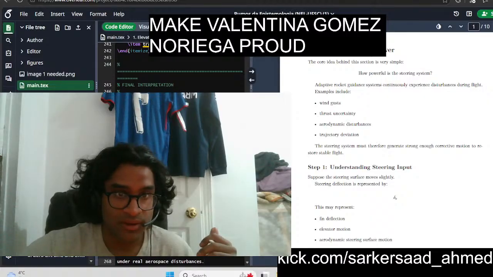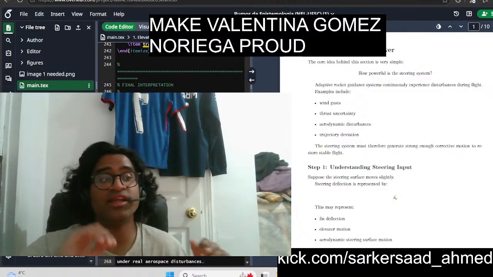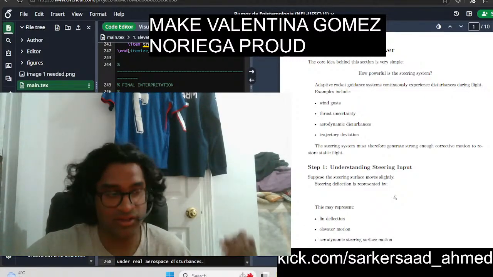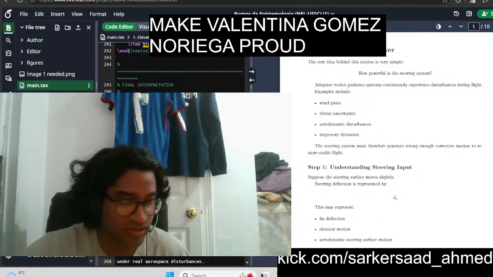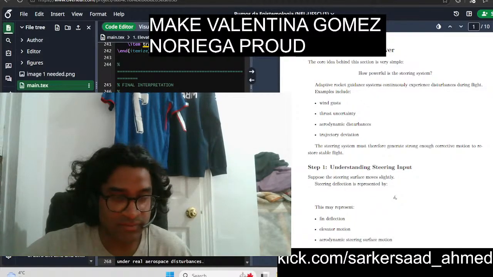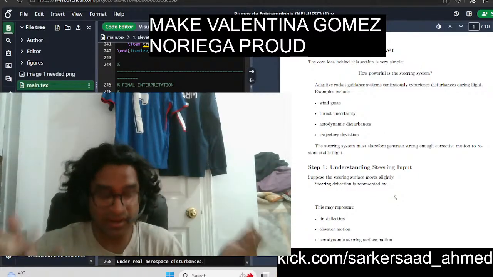So any air vehicles like rocket or airplane or whatever, any aerodynamic vehicle, will experience wind gusts, thrust uncertainty, any disturbance that mostly occurs in the air, right?